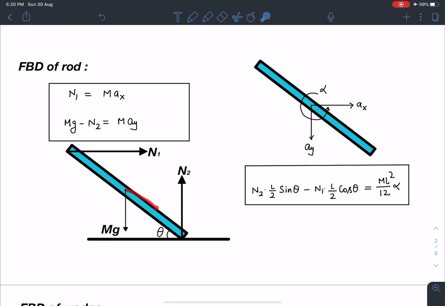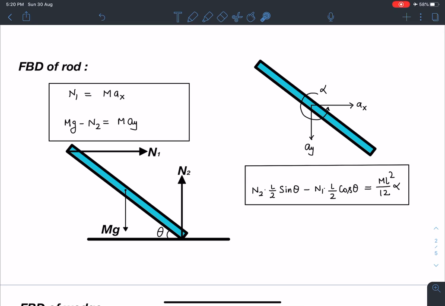It will be moving in some random direction, not along the rod. So we can take its center of mass as having acceleration component ax in the x direction and ay in the y direction. At the same time, just after release, some alpha is also going to develop in this rod due to the torque provided.